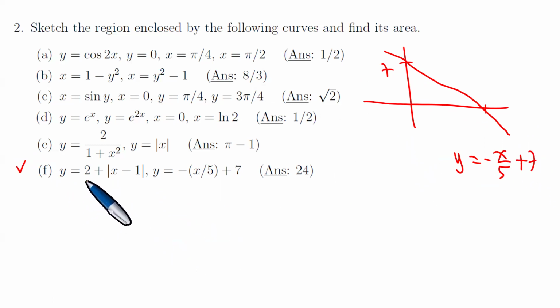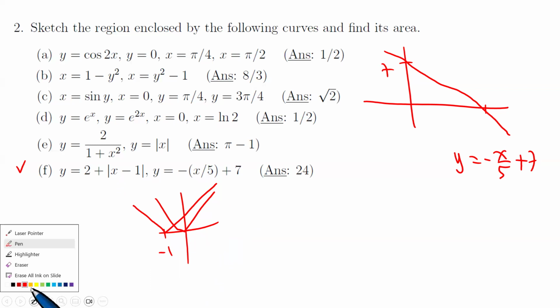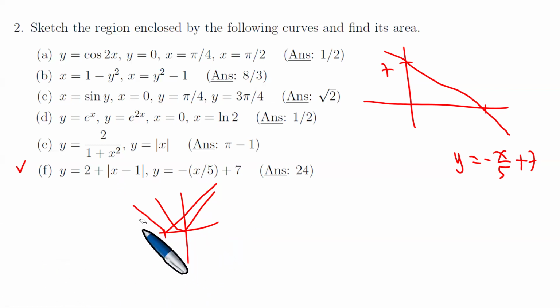Then you also have this other graph here. When X equals 0, Y is exactly 3. This one is a transformation of the absolute value graph in general. So if this is the absolute value graph, and if you subtract 1, the graph shifts 1 unit to the right.